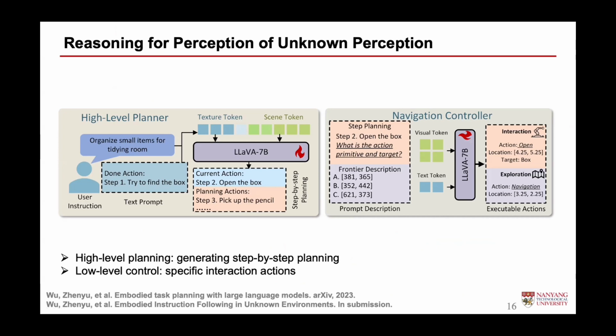Besides the language input, like the step planning generated by the high-level planner, and the frontier descriptions. The frontier just means that we have a lot of frontiers between the known region and the unknown region. So the navigation controller needs to select one of them as the optimal navigation policy. This is a coordinate of all frontiers. And also with our visual token, the online scene map, we will generate which frontier we shall select for further navigation.